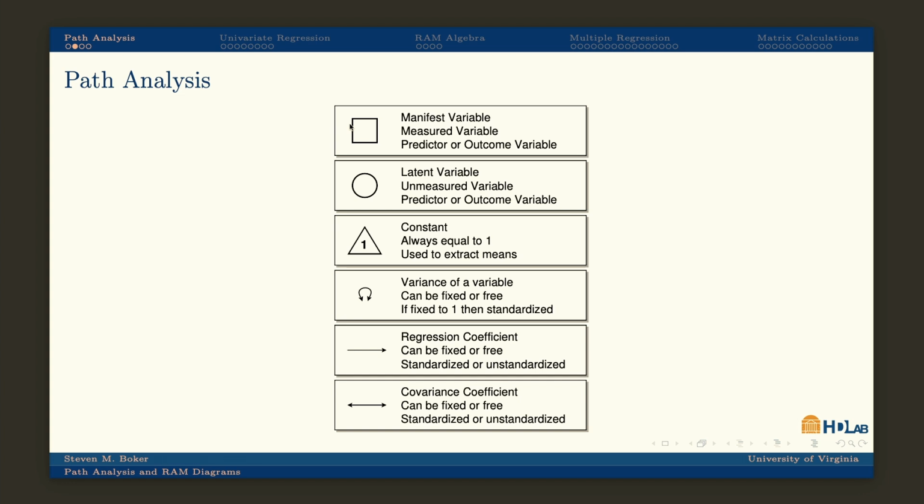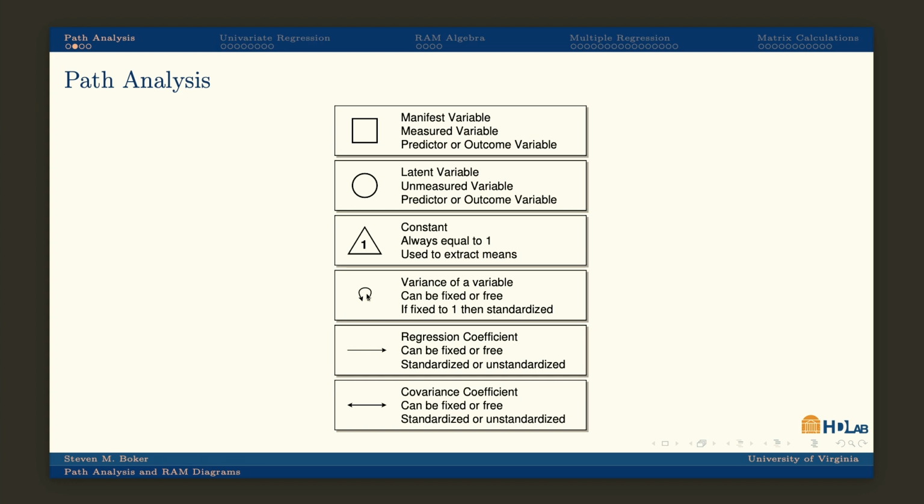A constant is a triangle. That's that ONE, the reserved word. That reserved word is this symbol. So when you see the triangle in a diagram, you know that someplace in the model specification, somebody is taking a path from one to something else.